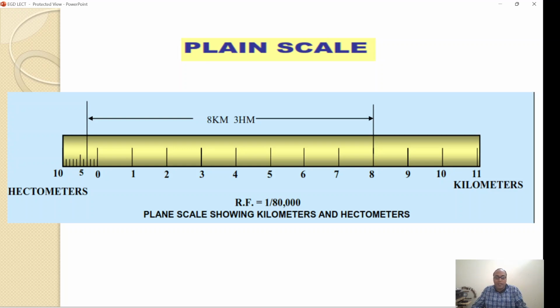Why 12 equal parts? Because the maximum distance is given as 12 kilometer. If it is 10 kilometer, then we divide into 10 equal parts. If it is 8 kilometer, then we divide into 8 equal parts. So this is a very important decision to take.